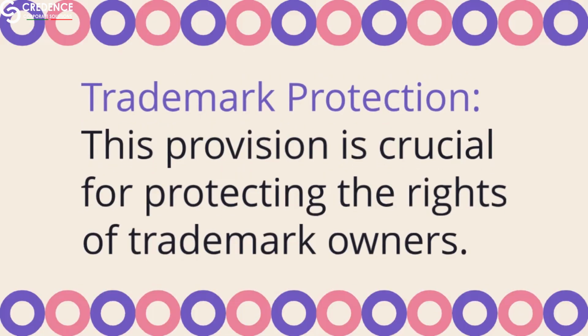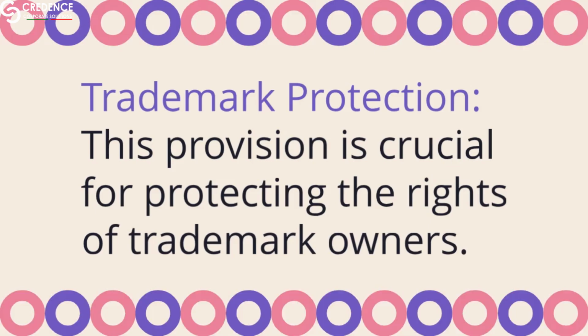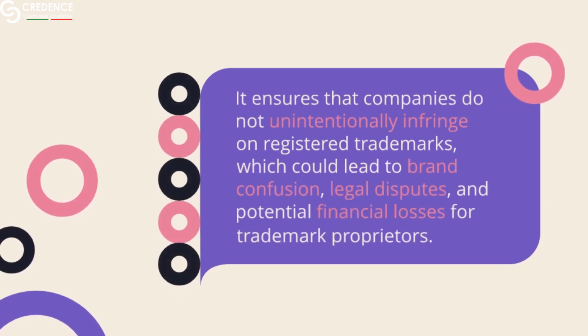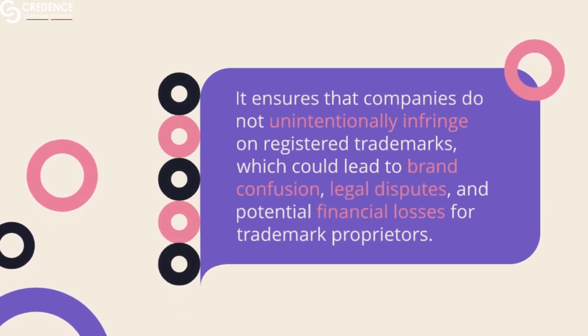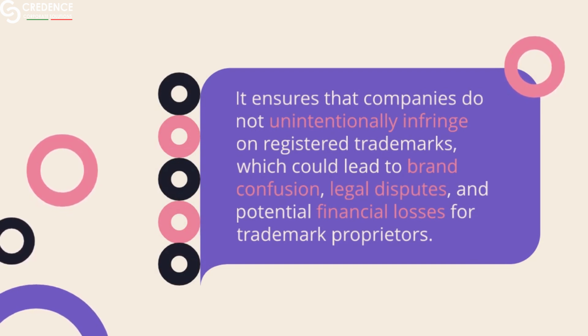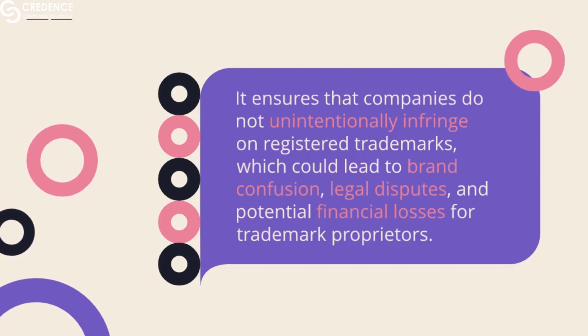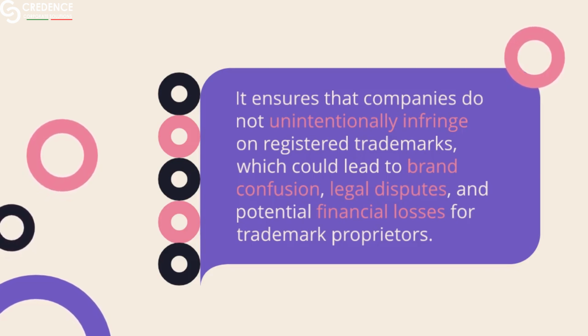Trademark protection. This provision is crucial for protecting the rights of trademark owners. It ensures that companies do not unintentionally infringe on registered trademarks, which could lead to brand confusion, legal disputes, and potential financial losses for trademark proprietors.